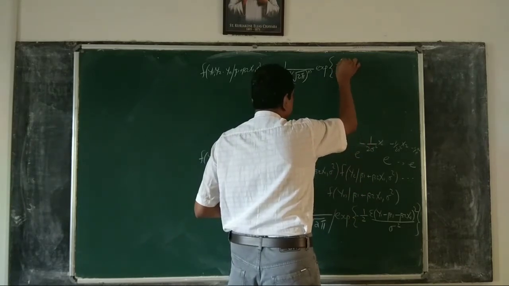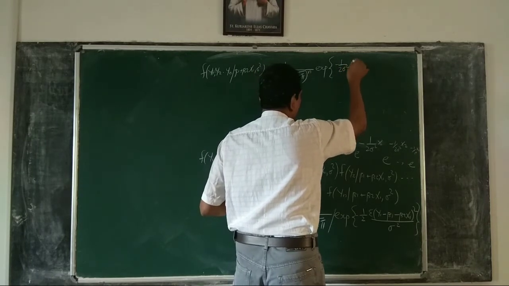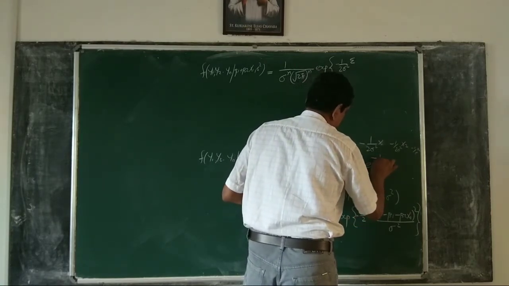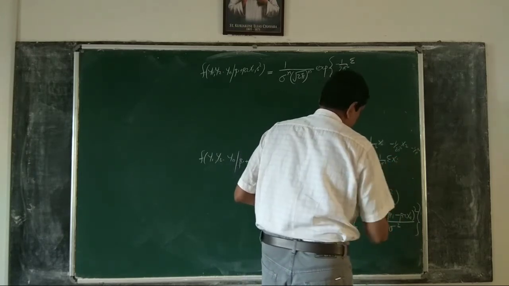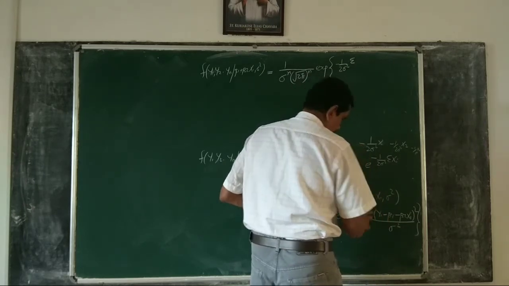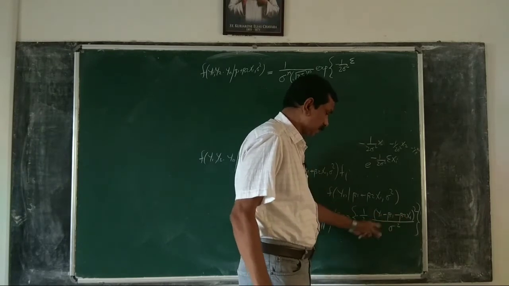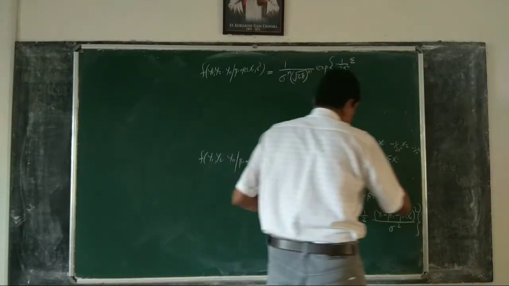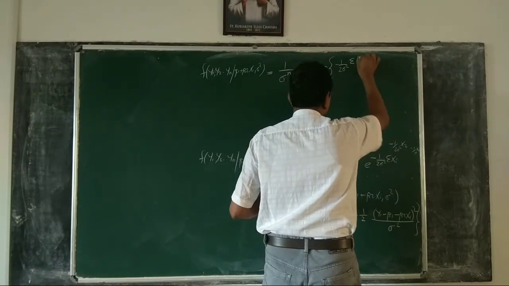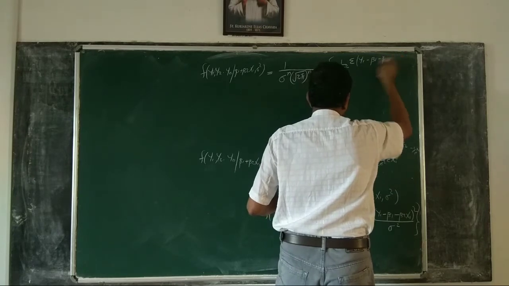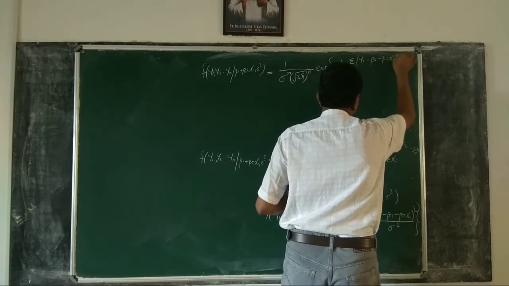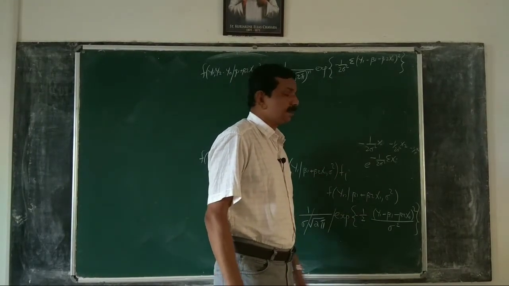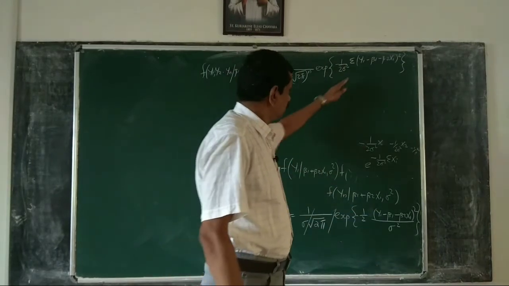So this can be written as e raised to minus 1 by 2 sigma square into the sum of (Yi minus beta 1 minus beta 2 Xi) the whole square, using this property.